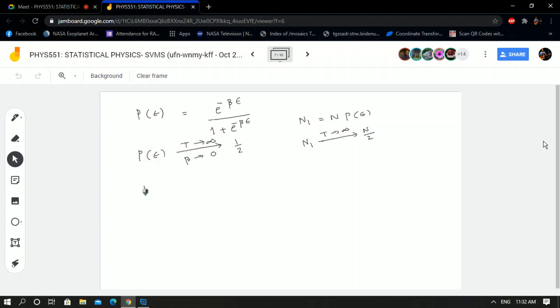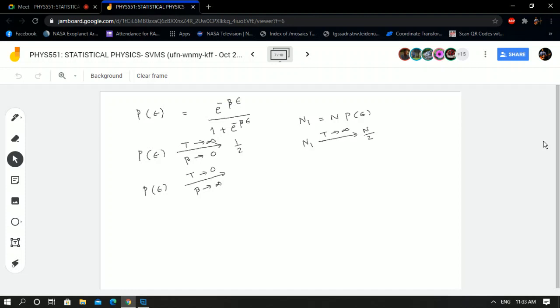Now, what happens to this probability as T goes to 0? T going to 0 is actually beta going to infinity, correct? So what happens in that case? Like in the previous case, bring it to the denominator and it will be simply e to the minus beta epsilon, and e to the minus beta epsilon as beta goes to infinity goes to 0.